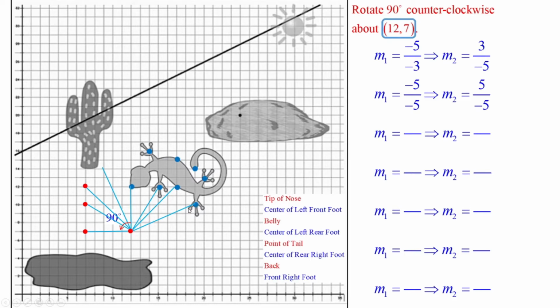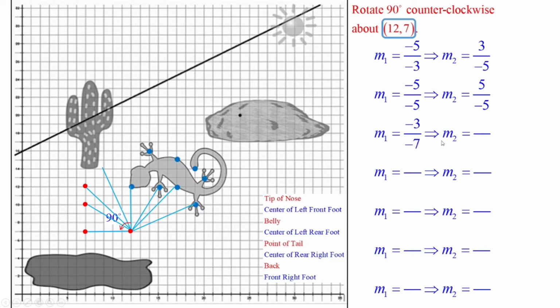To get from this point to this point, I'm going to drop 1, 2, 3. So that's a rise of negative 3. And I'm going to run 1, 2, 3, 4, 5. Let me count that again. 1, 2, 3, 4, 5, 6, 7. Negative 7. Now that's a positive 3 over 7.